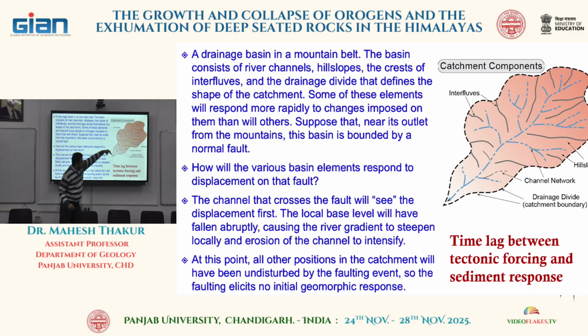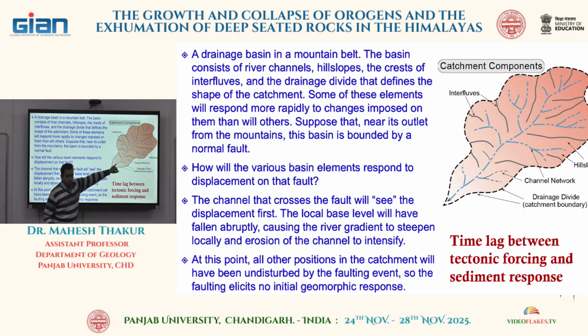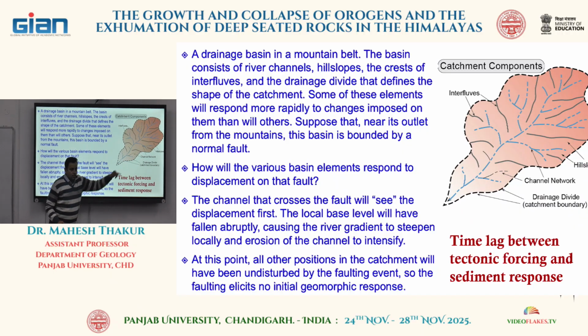So the erosion will start happening first here, and then it will propagate. First, it will come to this point, and then this small stream will understand there is some drop. Now the erosion will start happening here, and like that, it will progress through the drainage basin.